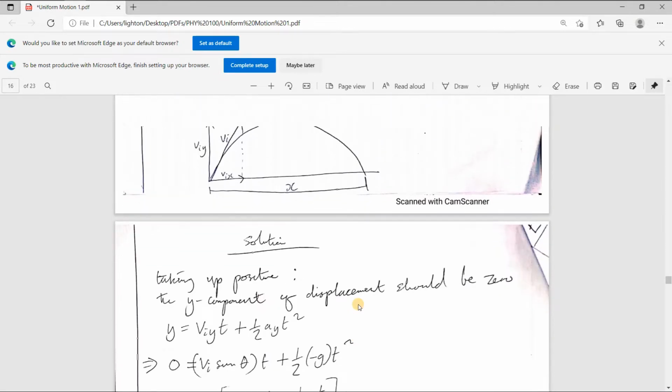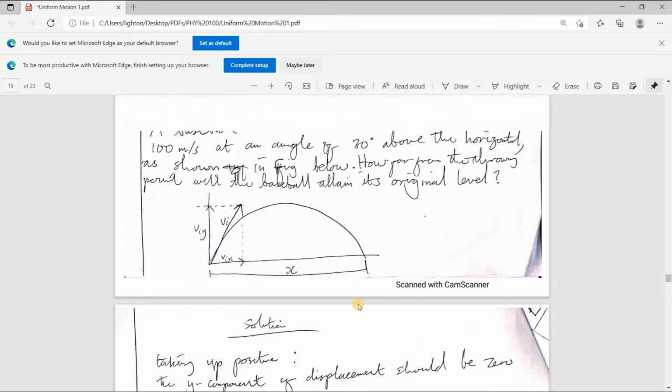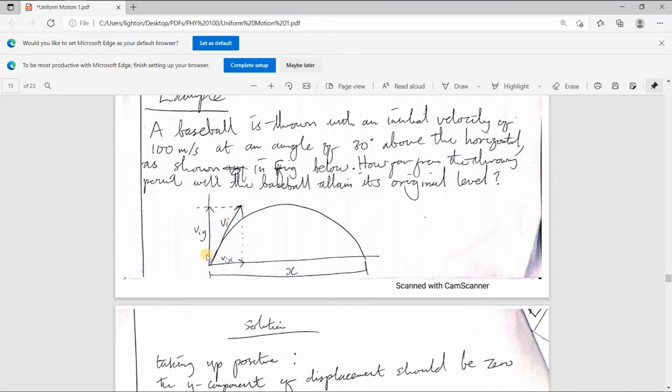Now, one thing you should notice is that from this original level, going back to the original level, the displacement in the y-axis will be 0. Why? Because a particle which has just been thrown up and gets back to the same level has a displacement of 0.